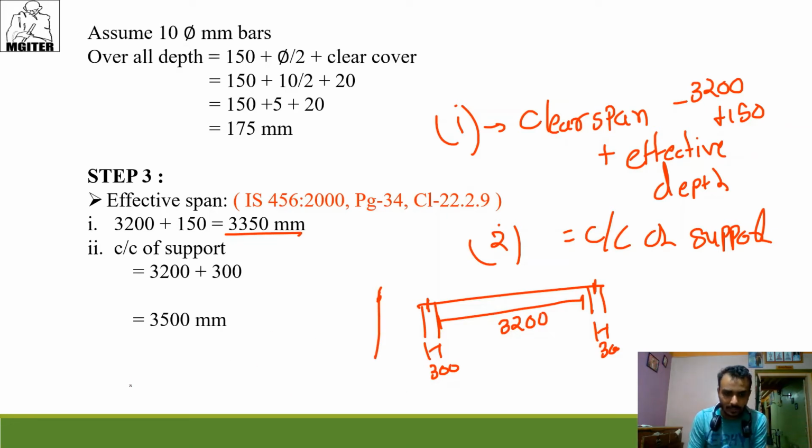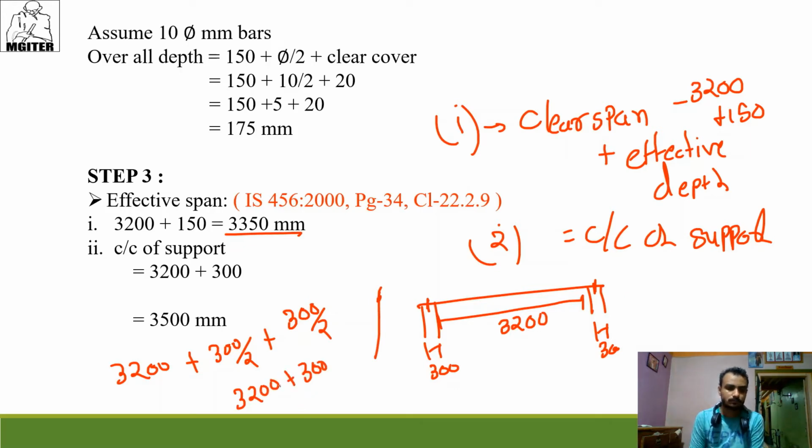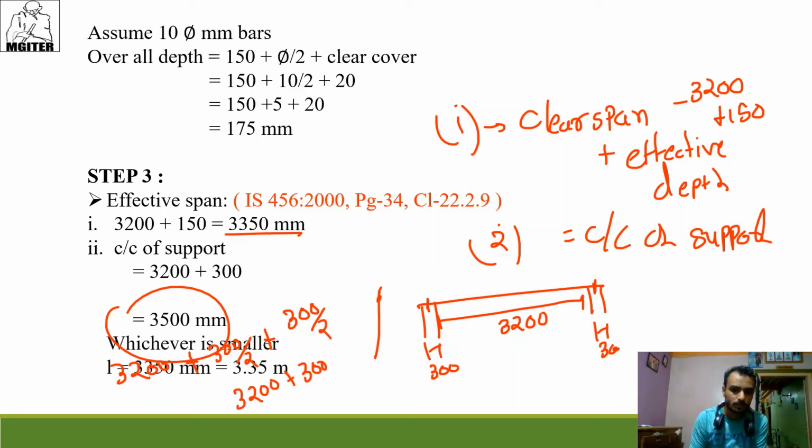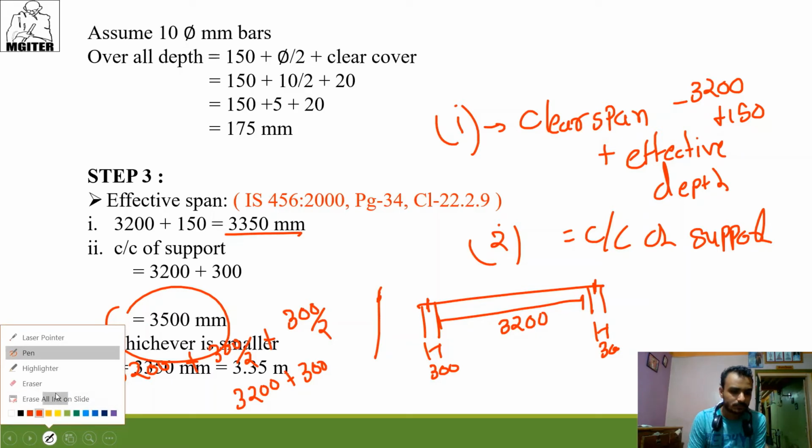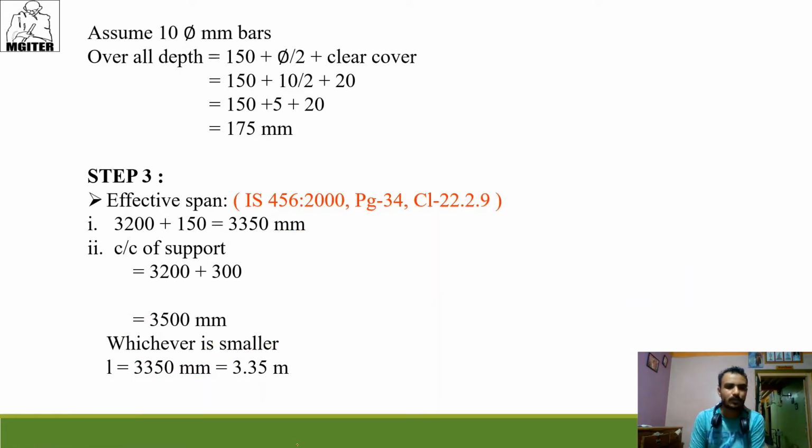So if I calculate it here, 3200 plus 300 by 2 plus 300 by 2, so overall 3200 plus 300. So here it is 3500 mm. Whichever is smaller we take as the effective span. Which one is smaller? The first one, 3350 mm. So we take that as the effective span.